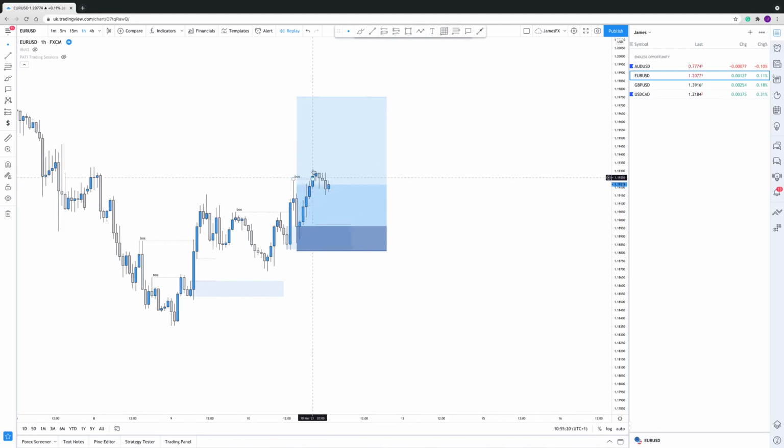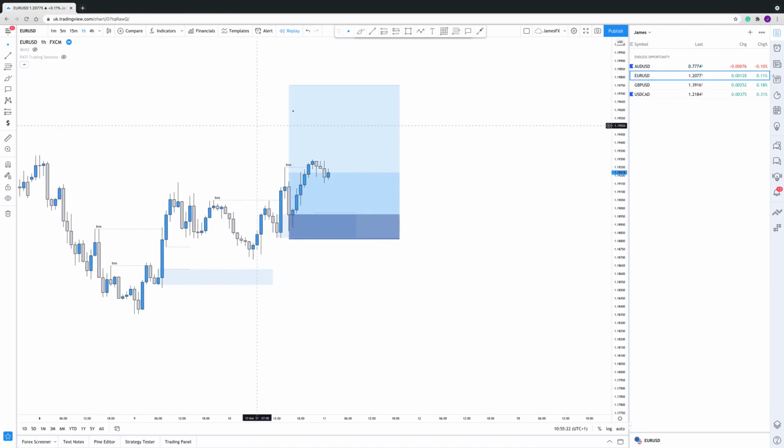Now, as we have broken structure, would I be looking at this down move as an order block? Well, if we look at it, it would be a very large order block. We can then refine it down to this candle. And for me in this example, I would use this candle, as these candles do show a bit of momentum.